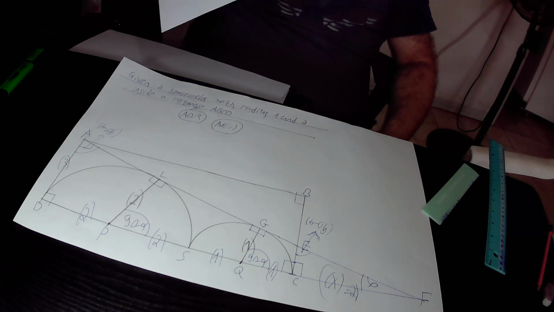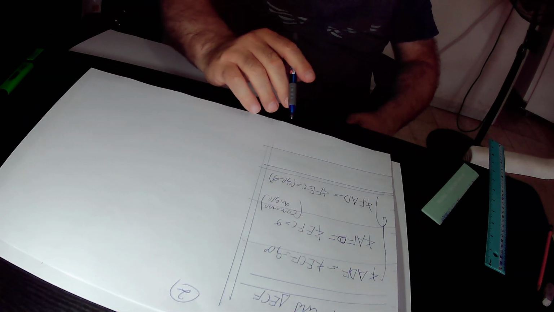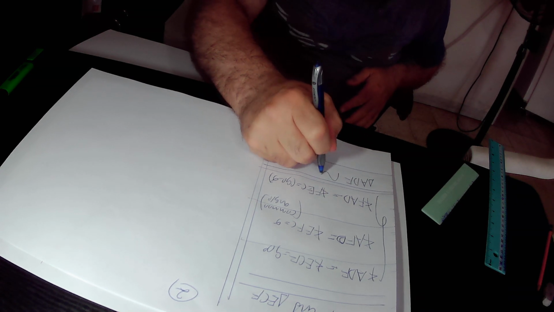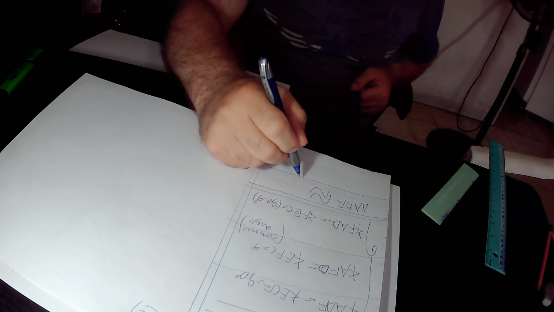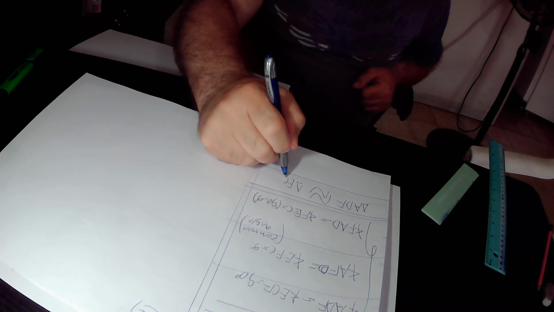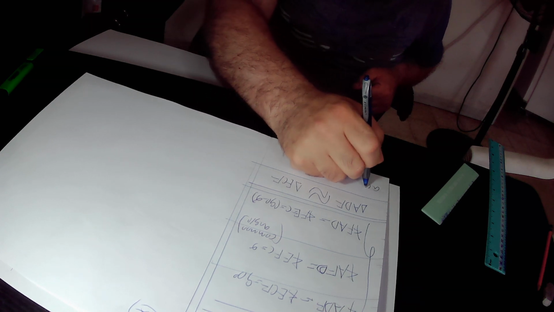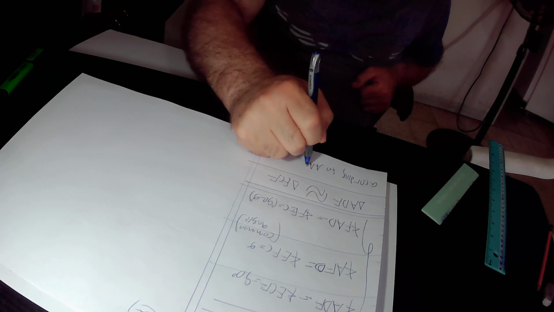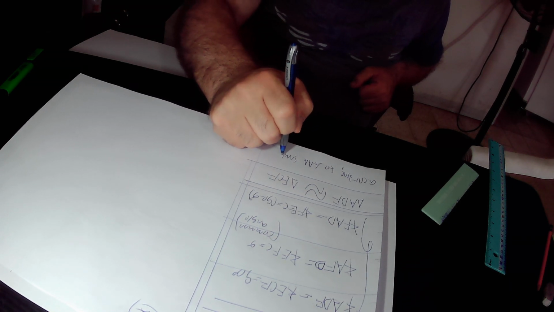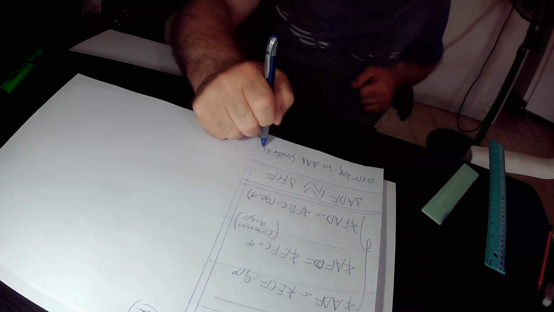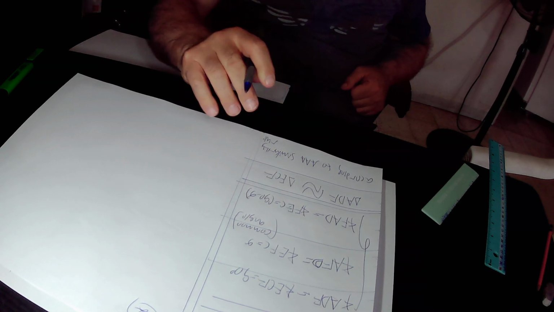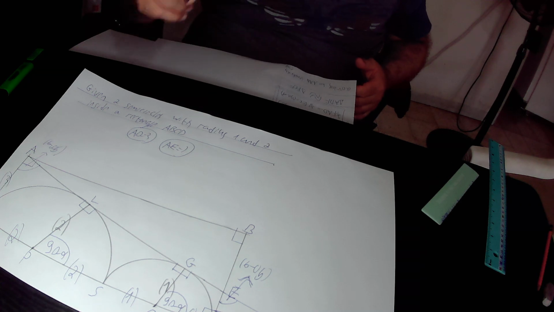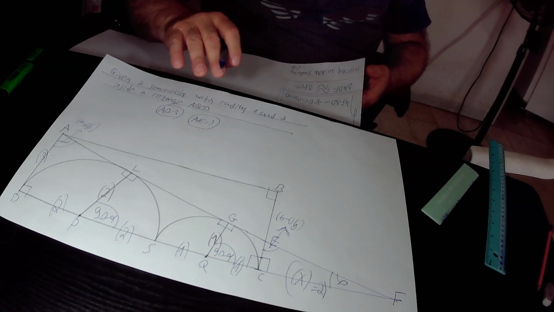So I write it down: the big right triangle ADF is similar to the small right triangle ECF according to the angle similarity rule. And from this similarity, we will derive the following relationship between their sides.